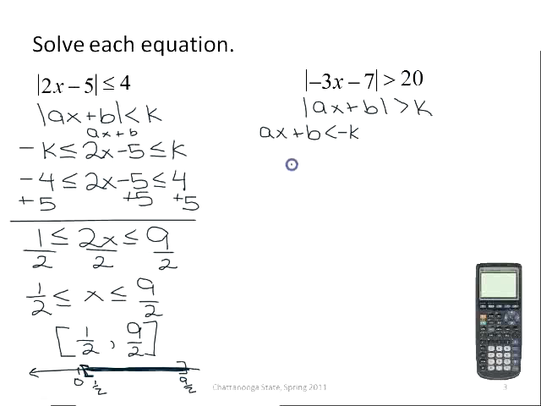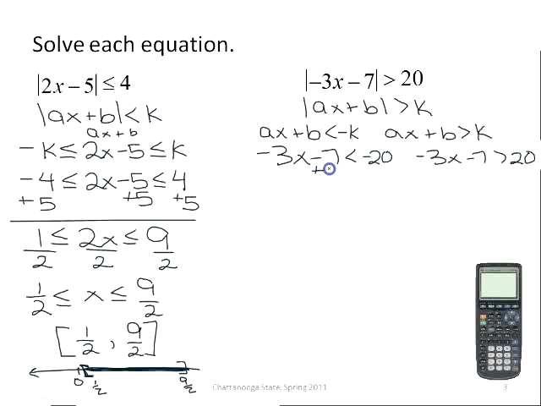So we could get more than 20 units away from 0 by going left more than 20, which means we would be less than negative 20. So this would be negative 3x minus 7 is less than negative 20. Or we could go more than 20 units in the positive direction. So that means greater than 20.